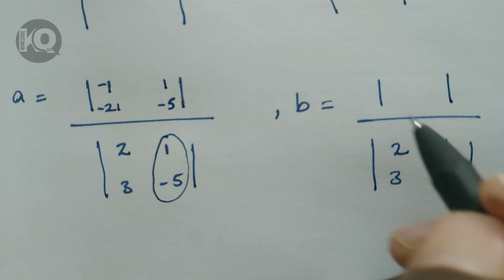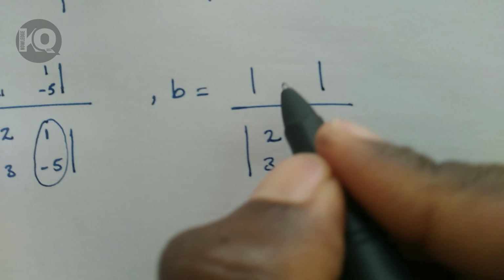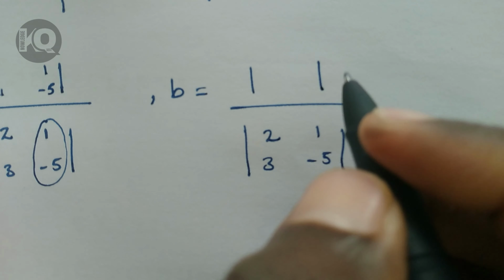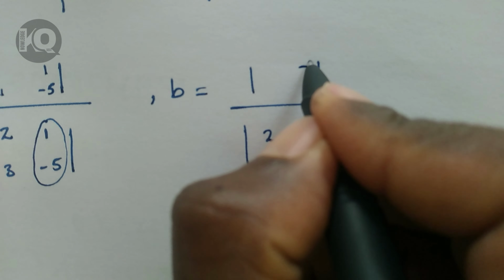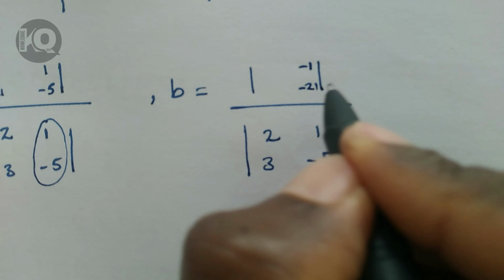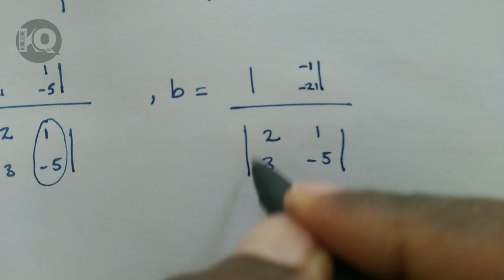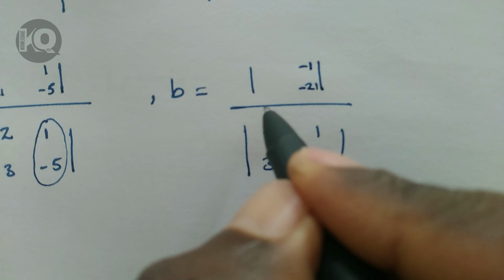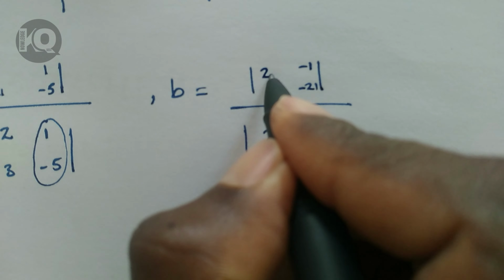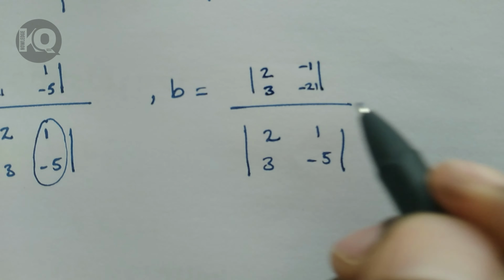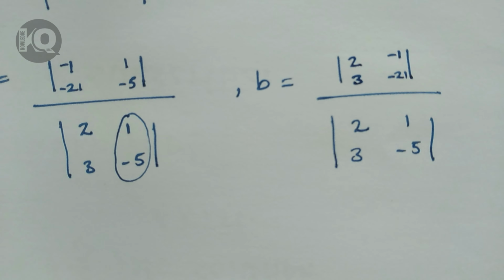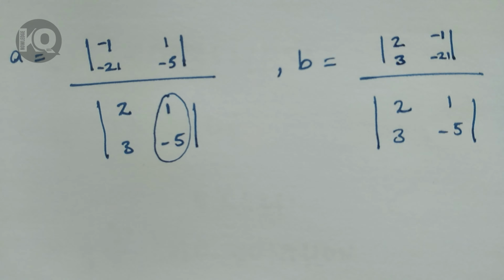For b, we take the constants in the second column, that's minus 1 and minus 21, and then the coefficients of a in the first column, that is 2, 3. So now we have the full information for a and b.